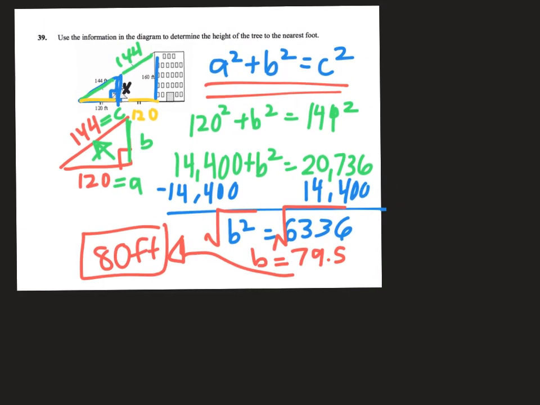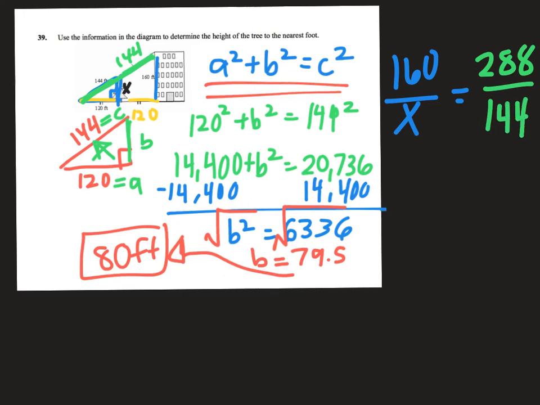You could do 160 over x equals, and then you could do your entire green side, 144 plus 144, which is 288, divided by 144. And when you do that, you should be able to cross multiply and solve for x.